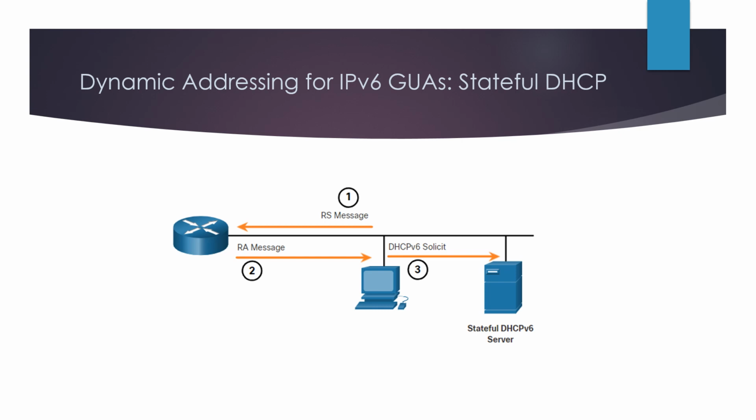The default gateway address can only be obtained dynamically from the router advertisement message. The stateless or stateful DHCP version 6 server does not provide the default gateway address as it is in the IPv4 networks.